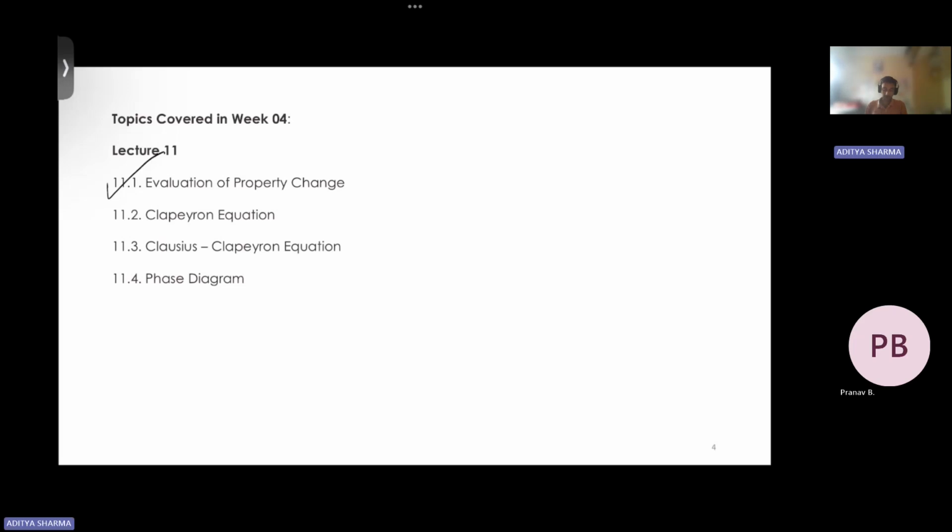And for that, two equations have been introduced. Okay. First equation is Clapeyron equation, and then second equation is Clausius-Clapeyron equation. So these two equations are kind of similar equations. The difference is that the Clausius-Clapeyron equation is just an extension of a special case of the Clapeyron equation.